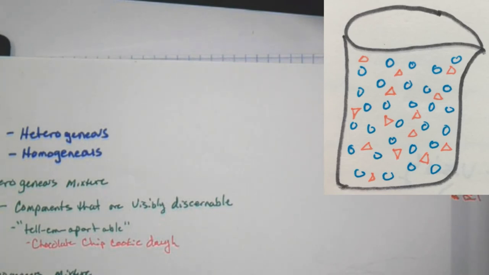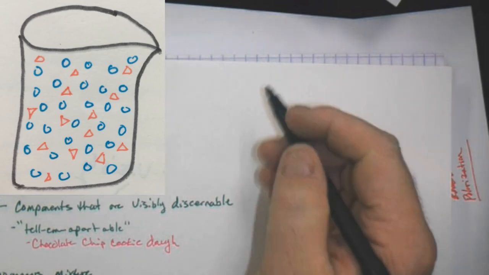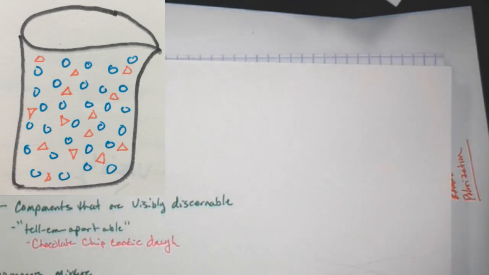I'm going to move this over here. Okay, because the blue particles are the most abundant, they're called the solvent.